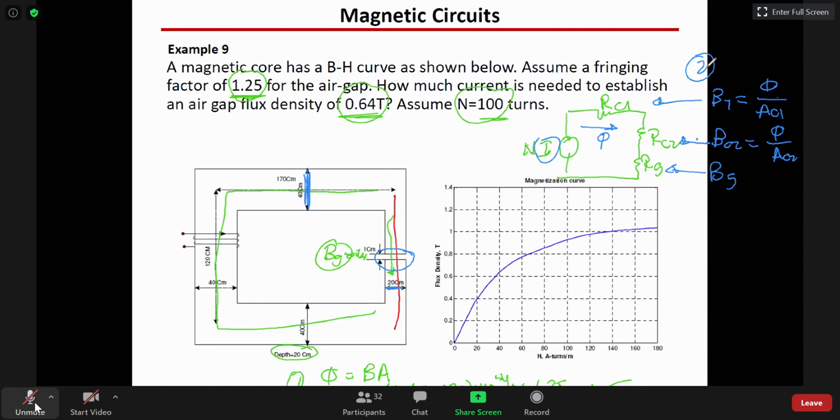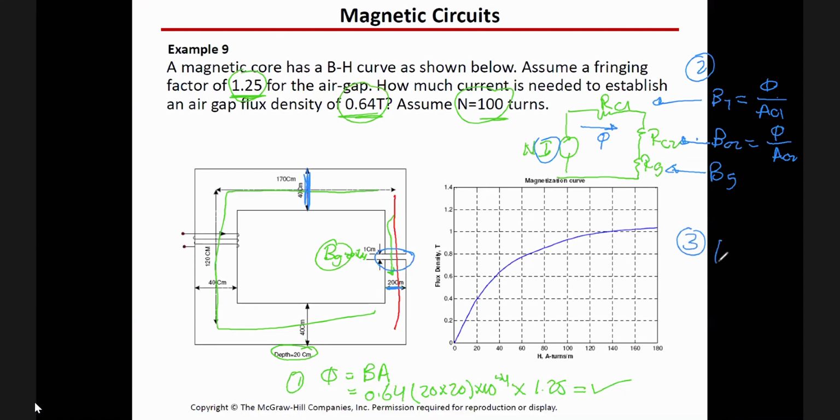Third step, we need to find HC1, HC2, and HG. From where do we get HC1? From the graph, from the plot here. Once we know the value of BC1, we go to the plot to find the value of HC1. What about HC2? Same thing from the plot.